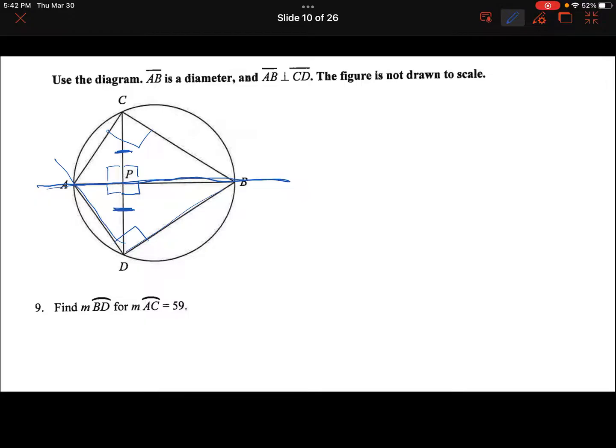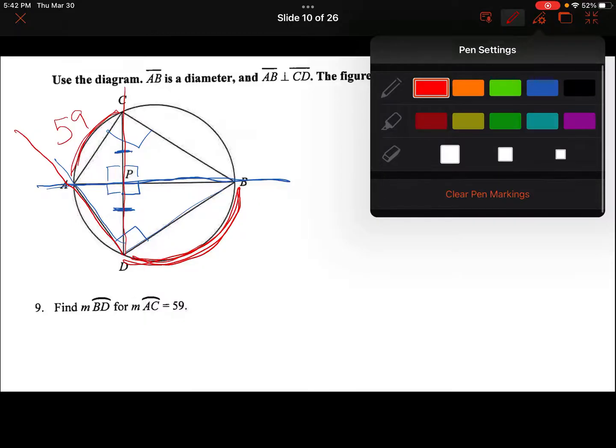This tells us to find the measure of arc BD, so this is what we're looking for. It tells us that the measure of arc AC is 59 degrees. We have all kinds of different triangles here, but let me use a highlighter to help make this make sense.